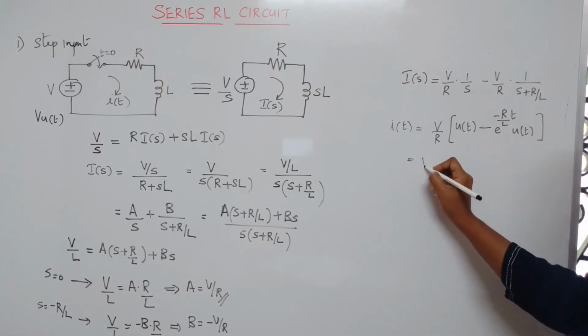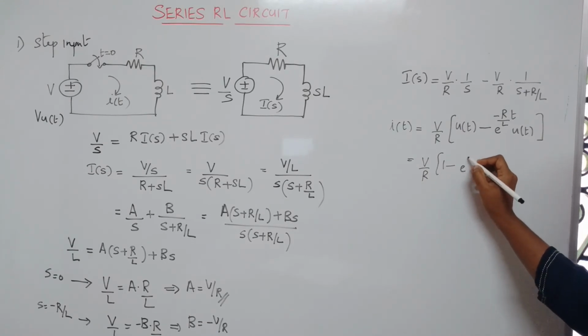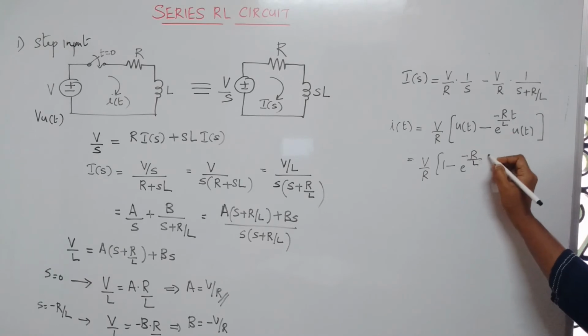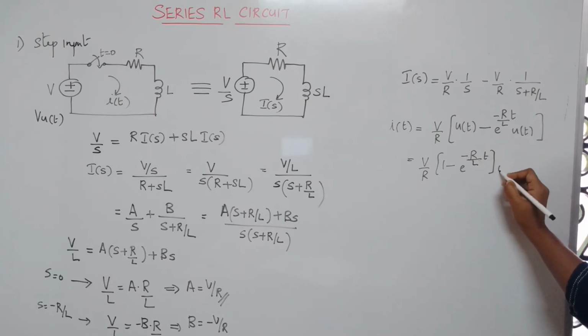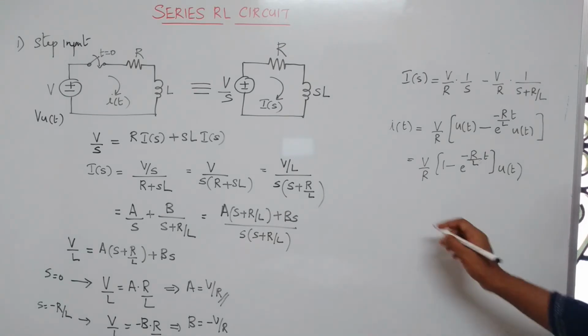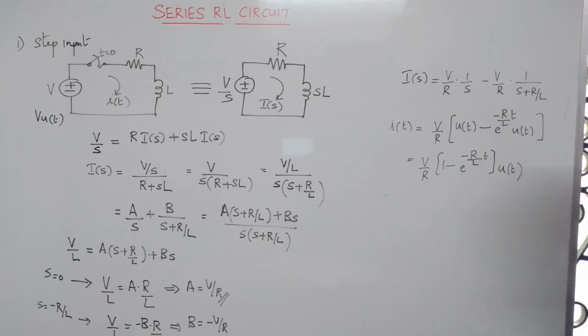Or this can be written as V by R into 1 minus e raised to minus R by L t into u of t. Now we can define the time constant.